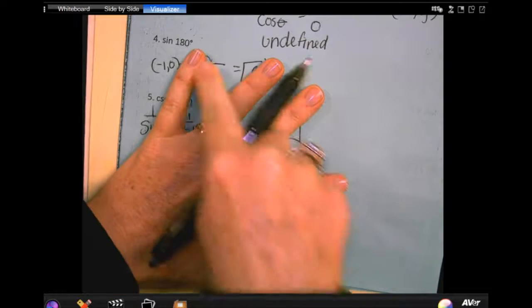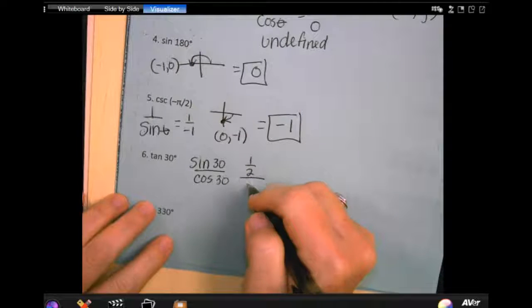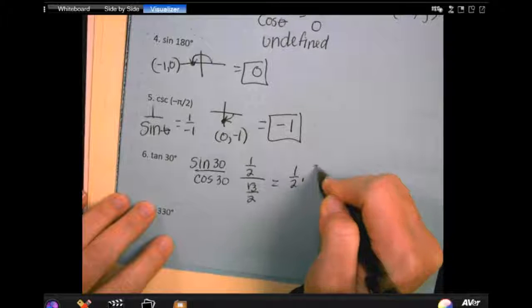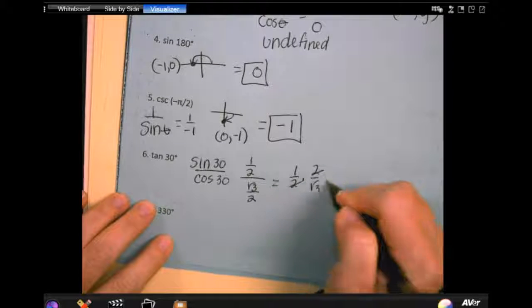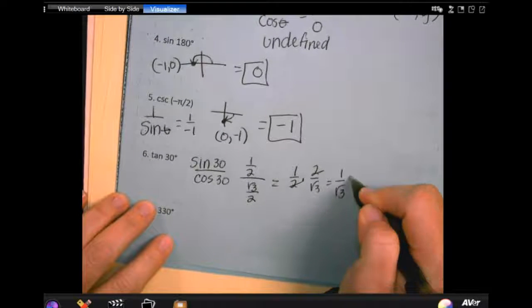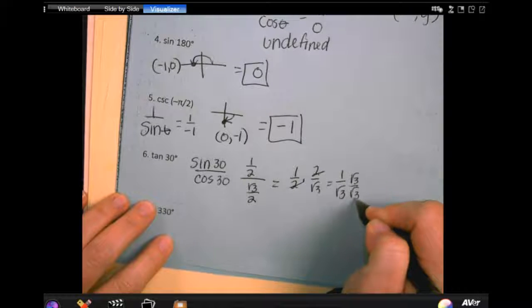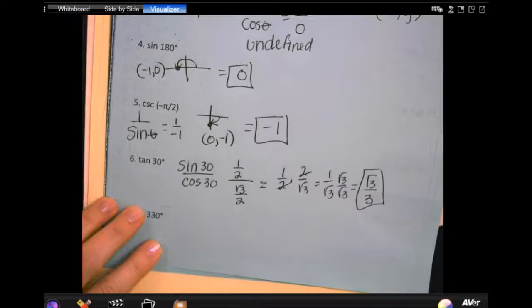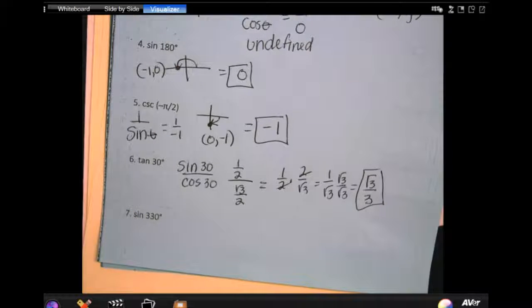And the cosine is the top, which is the square root of 3 over 2. So you get the square root of 3 over 3.